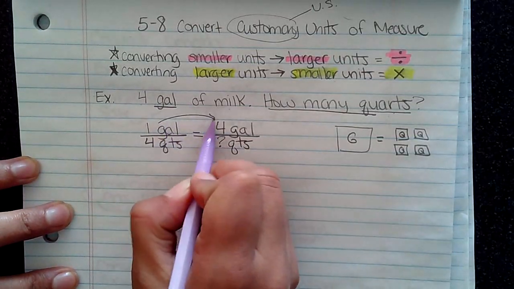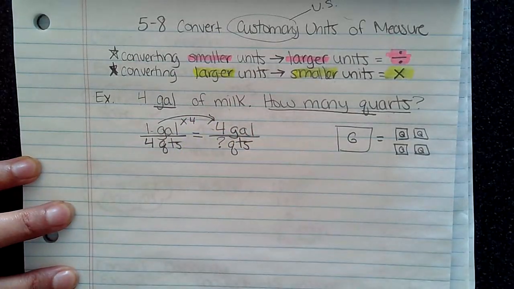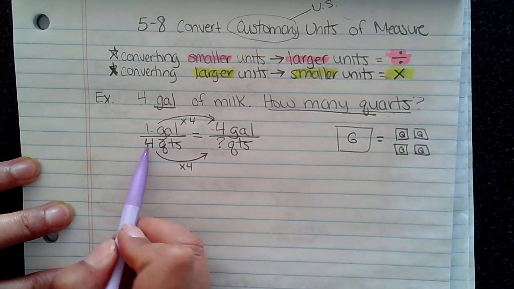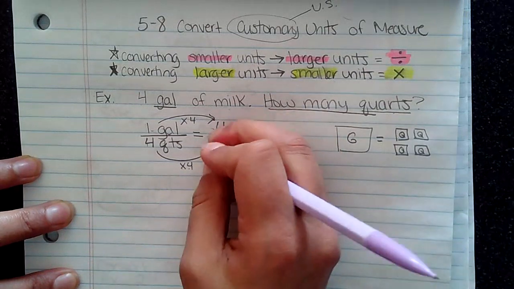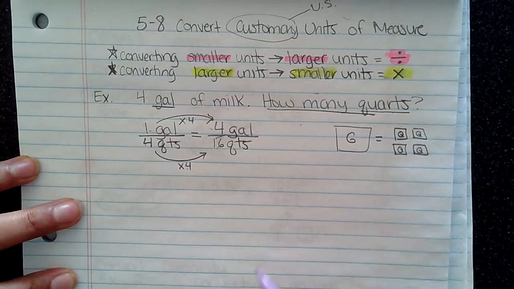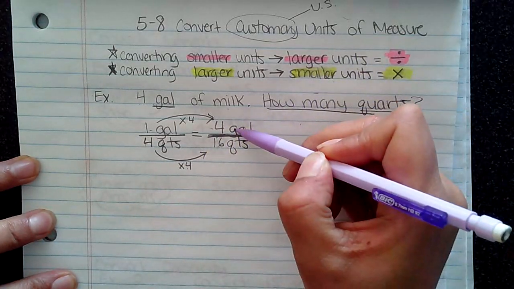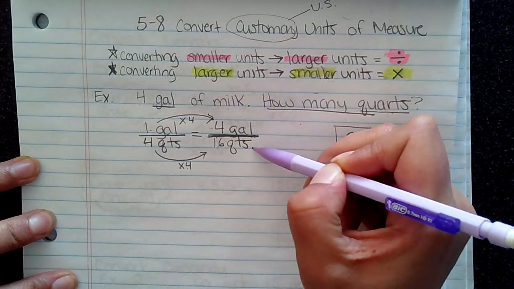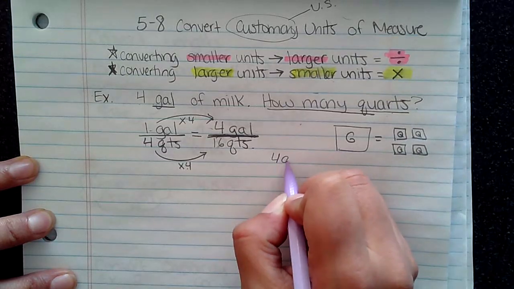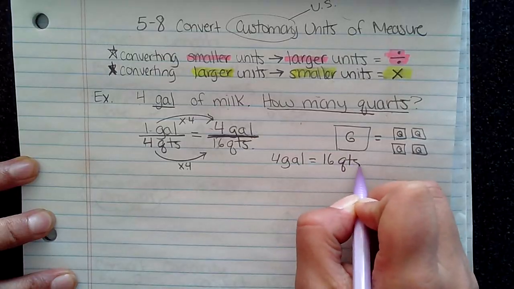So how do I get from 1 to 4? I'm increasing, so I multiply by 4. Well, what do I have to do on the bottom? I have to multiply by 4. 4 times 4 gives me 16 quarts. So now I know, here's my equivalent rate. I know that 4 gallons is the same thing as 16 quarts. So I can write 4 gallons equals 16 quarts.